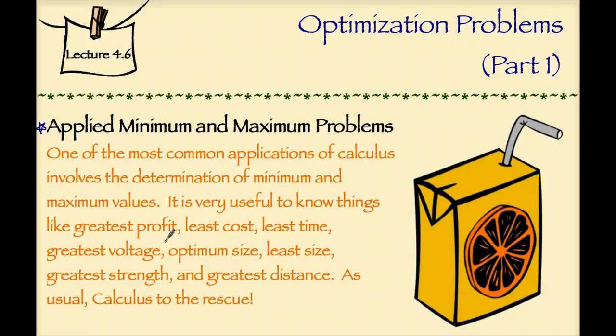So again, let's say we have a function that's modeling profit. Aren't we always going to be interested in where the greatest profit is? That function that models profit for this particular situation, take the first derivative, set it equal to 0. Or cost, perhaps we want to minimize cost. There's going to be some sort of mathematical function which models cost for some company or whatever the situation. Take the first derivative, set it equal to 0.